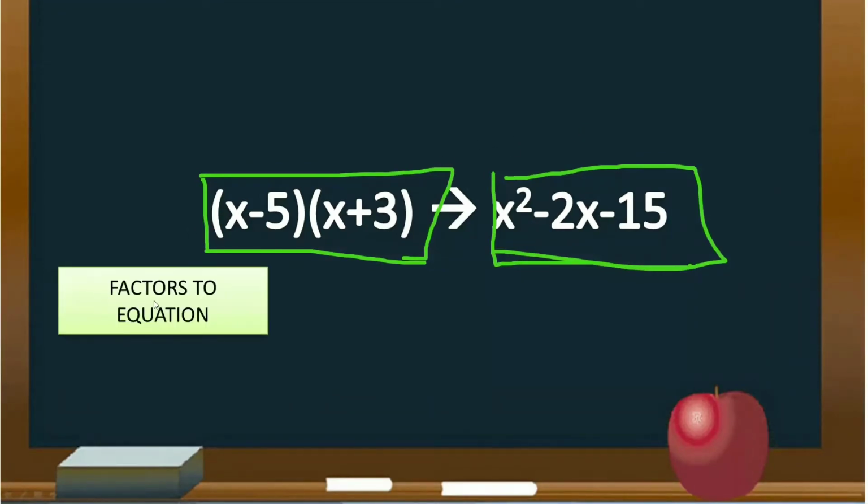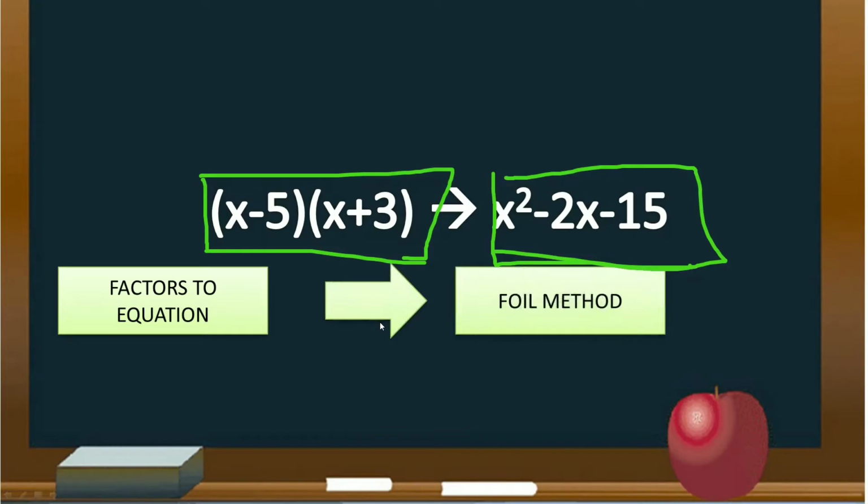Una, pag binigyan ka ng factors and you are to look for the equation, you will use the FOIL method. How to do the FOIL method? We just need to multiply the two factors. Let's say we have x minus 5 and x plus 3. We will just simply multiply these two factors. So we have x times x, x squared, x times positive 3, that's positive 3x, and then we have negative 5 times x and negative 5 times positive 3.